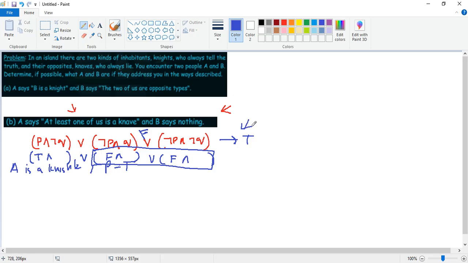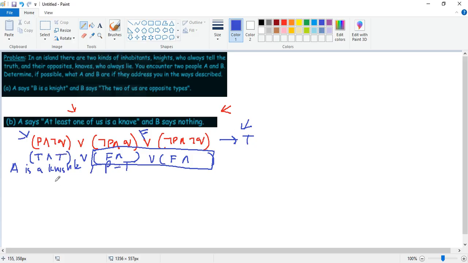So for this statement to be true, this has to be true. Now, if P is true, then P and not Q should be true, which means Q should be false. So it'll be true and true.